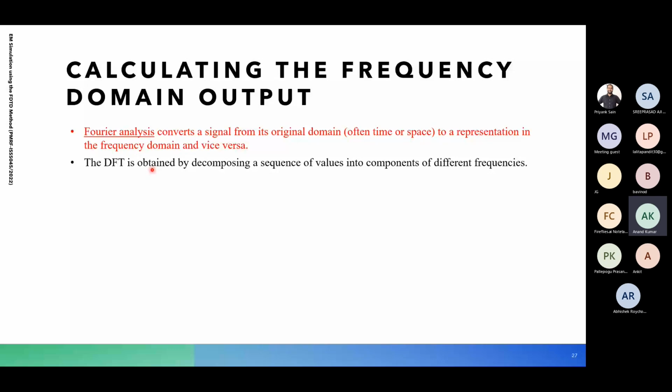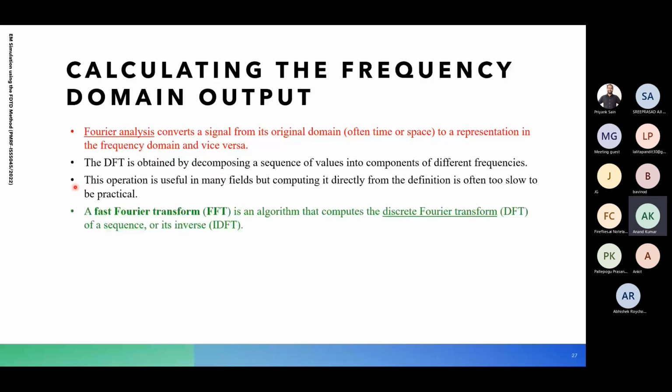For a discrete set of data, we use the DFT, and we are familiar with the technique fast Fourier transform, which is an algorithm used to implement the DFT. Calculating the DFT directly is tedious and more complex, and the fast Fourier transform can be easily implemented in code, and it can very quickly calculate the DFT of a large set of data. So for our case also, we'll be using fast Fourier transforms.